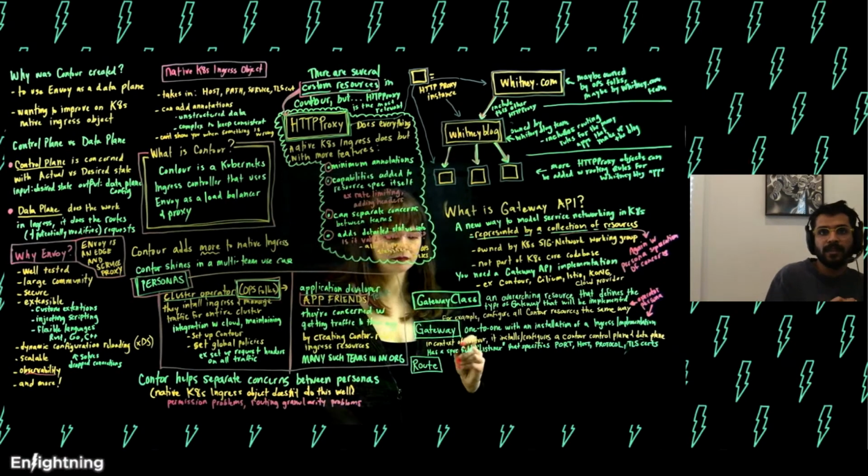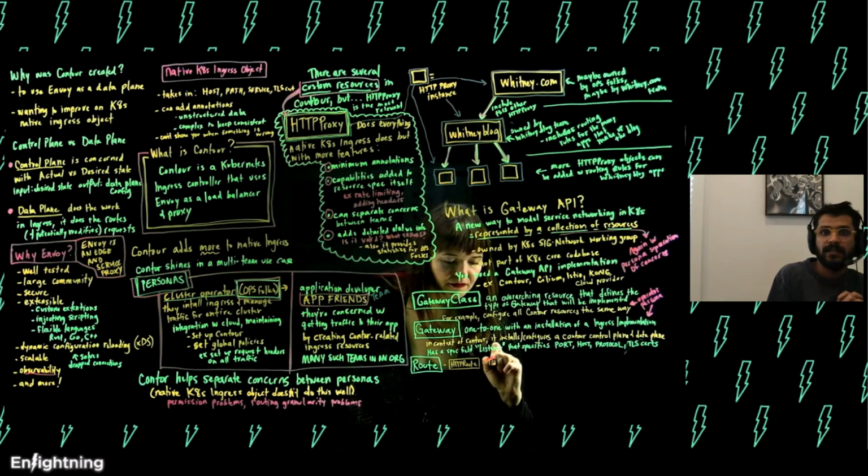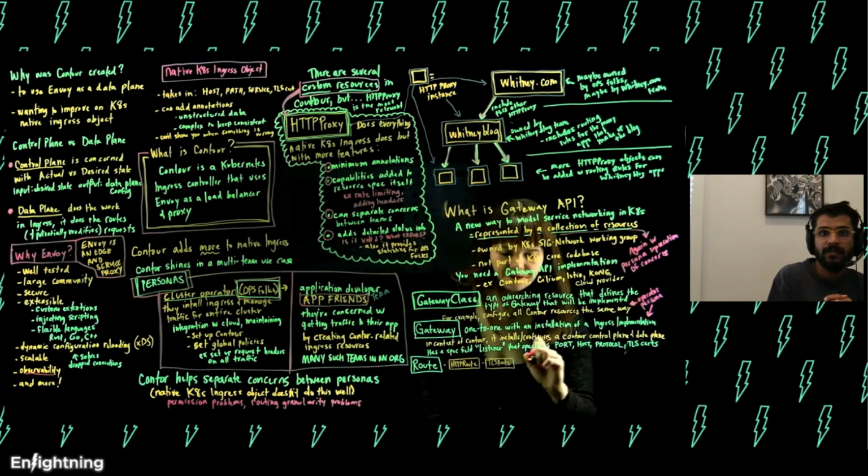There's HTTP route, TLS route, TCP route, UDP route, and a newer one called gRPC route.